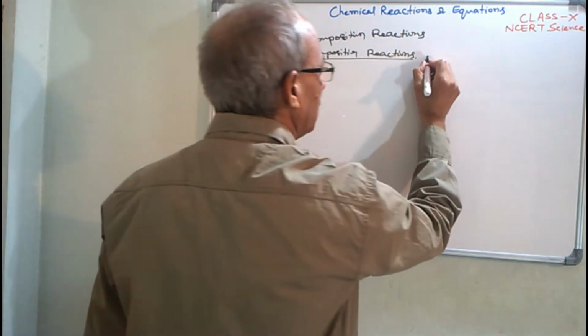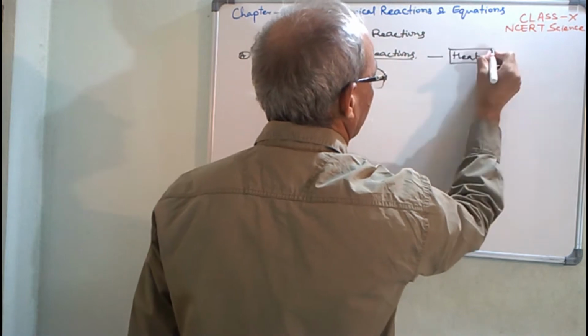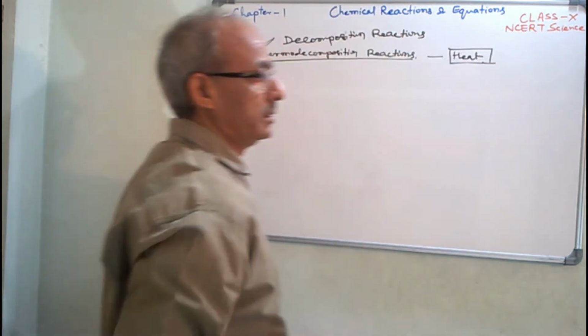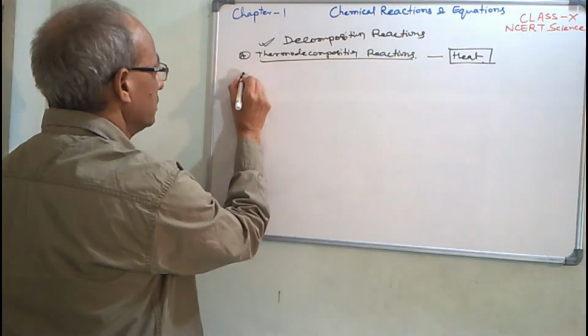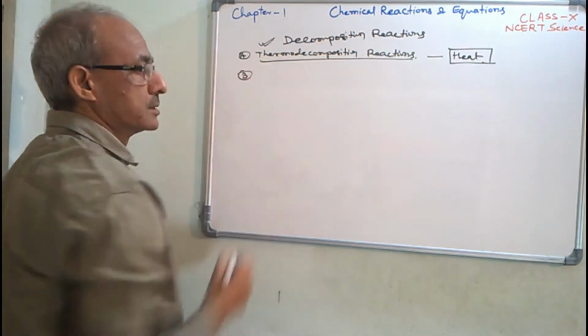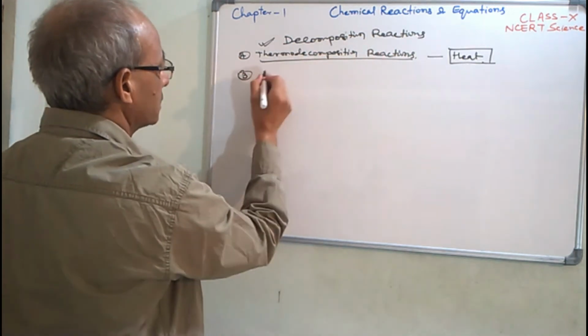Heat is required for splitting of a substance during chemical reactions. In this session, we will discuss the second and third type of decomposition reactions.